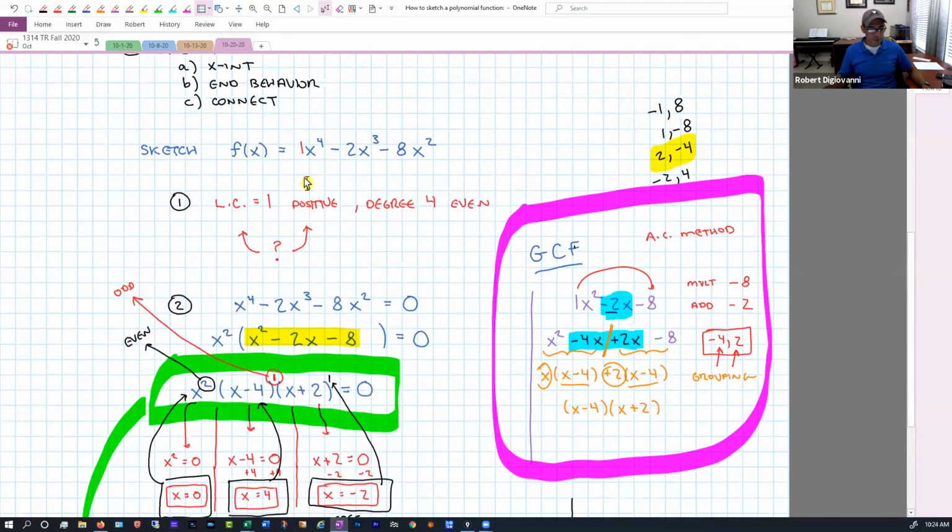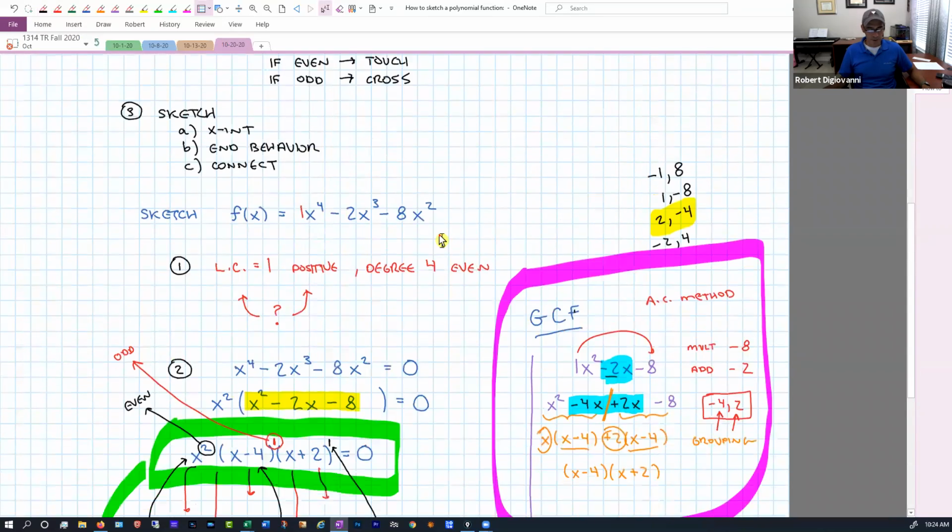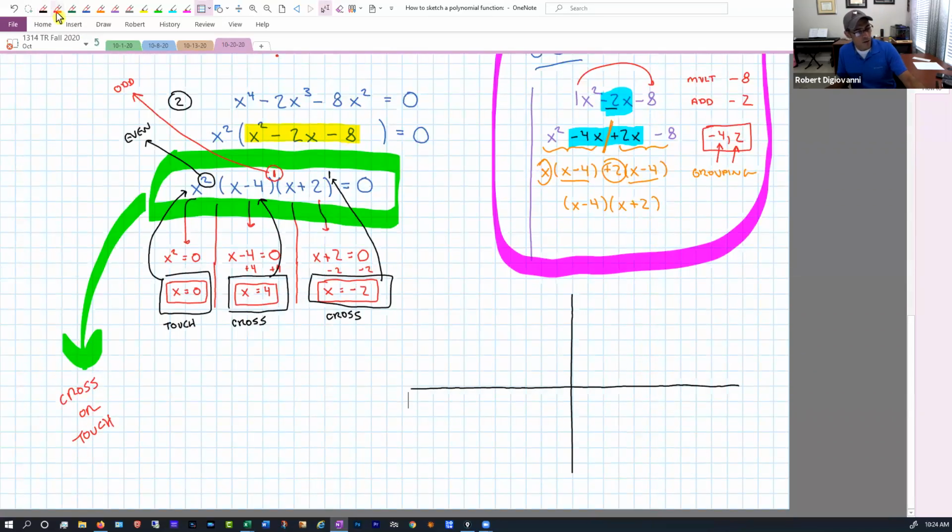For steps for sketching, first, we're going to put the x-intercepts on our graph. So here my x-intercept is at 0, at 4, 1, 2, 3, 4. You don't have to be super precise here. Just make sure you get them in the right order. Here's 4, and at -2, x-intercept.